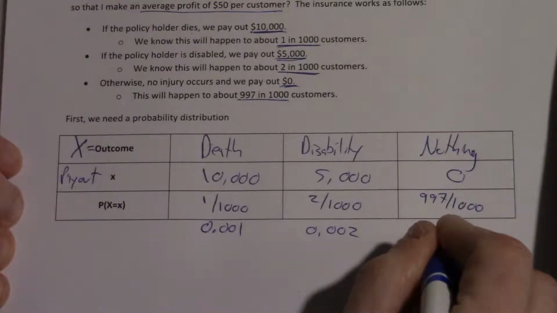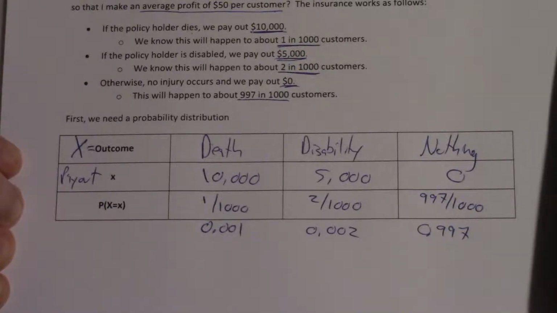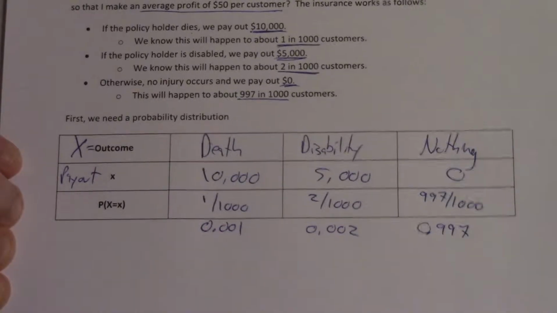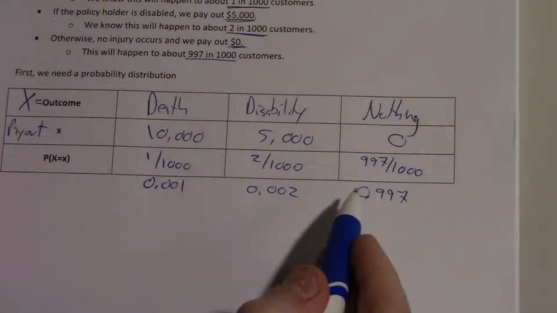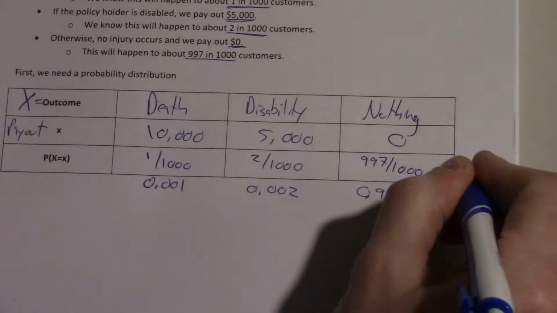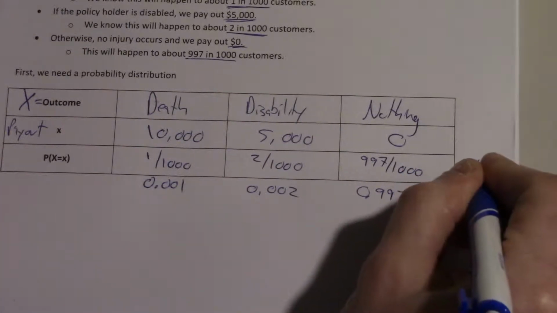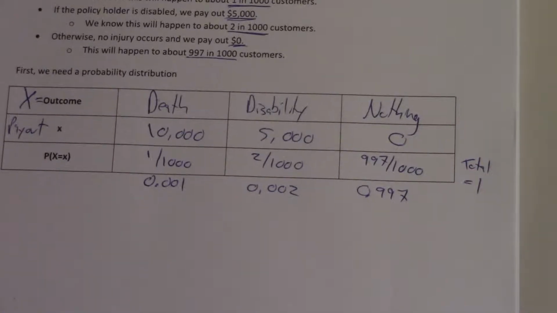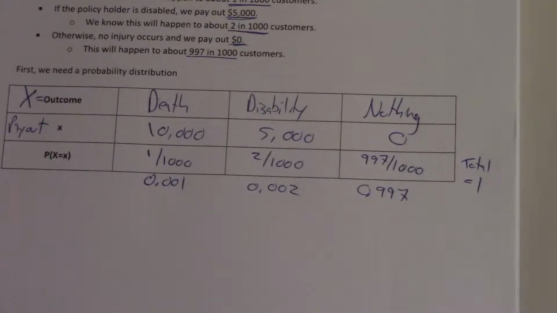which is 0.997. So what you may notice from the proportions or the decimals is that if you add these up, they add up to 1, or 100%.